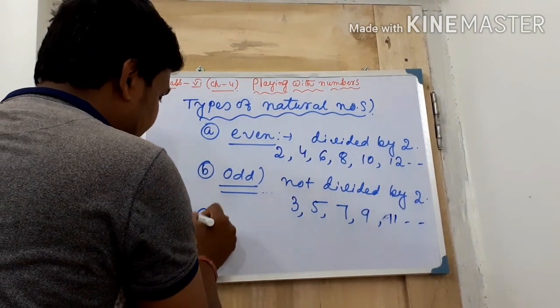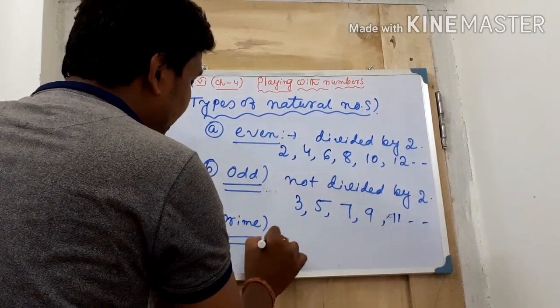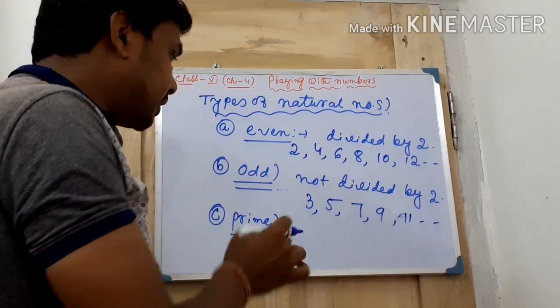Next one is the prime number. Prime number is quite similar to the odd number, but there is a difference. What is the difference?